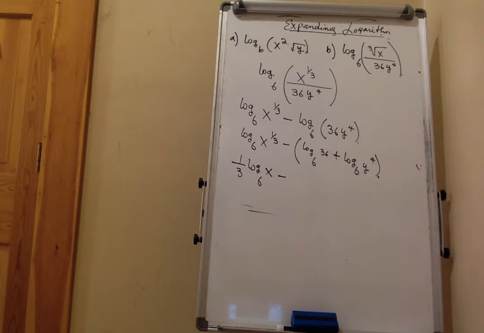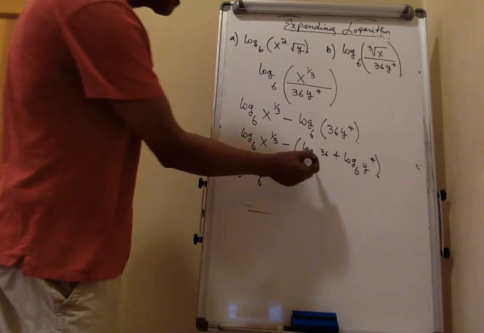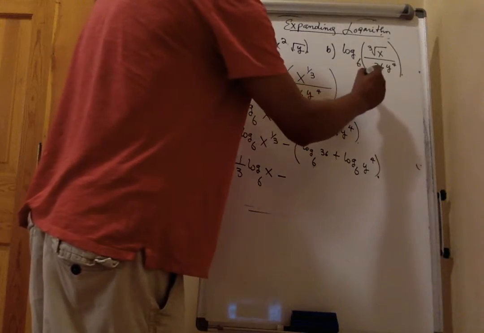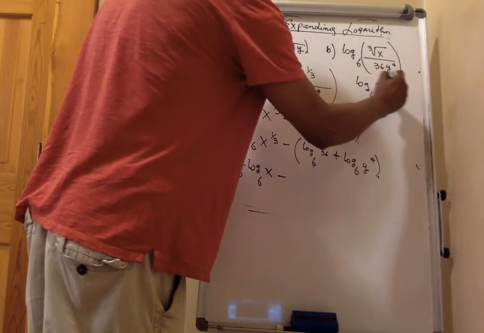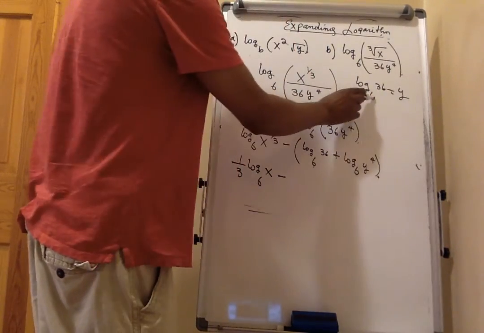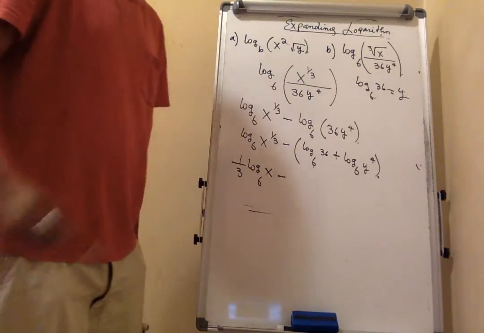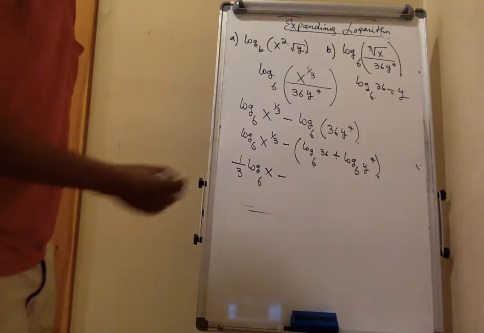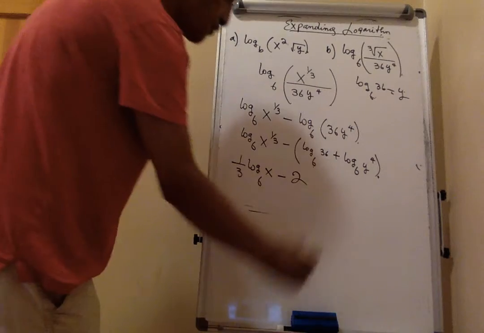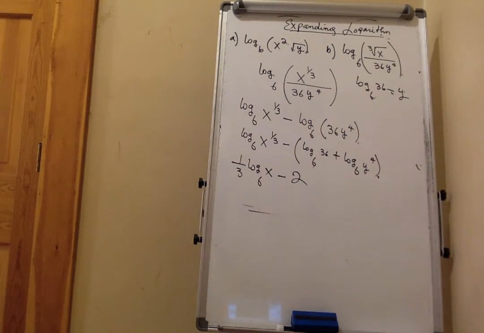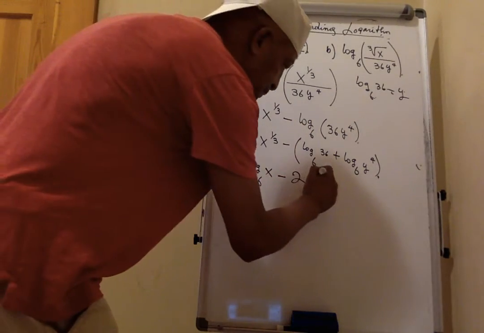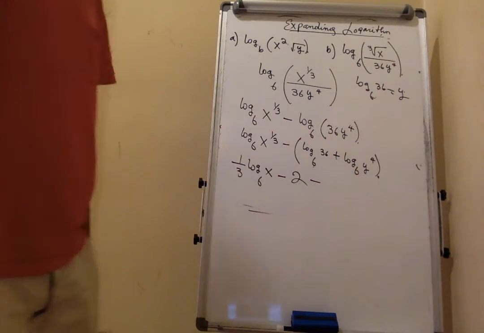Log 6 of 36, its base is 6, so meaning what? I can simplify this. Log 6 of 36 is y, 6 to the power of y is 36, so y should be what? 2. So this is just 2. Minus, because I'm distributing the minus sign.